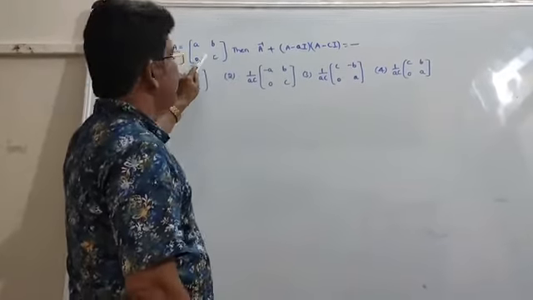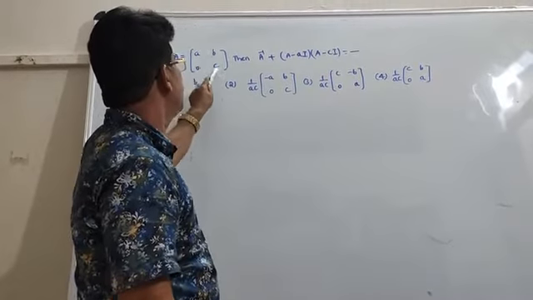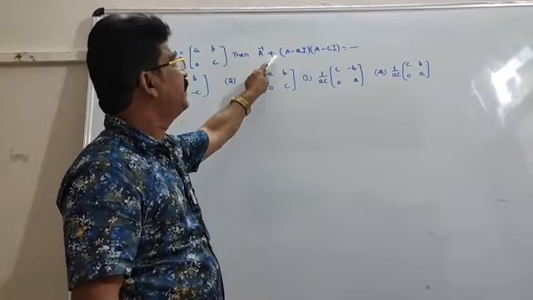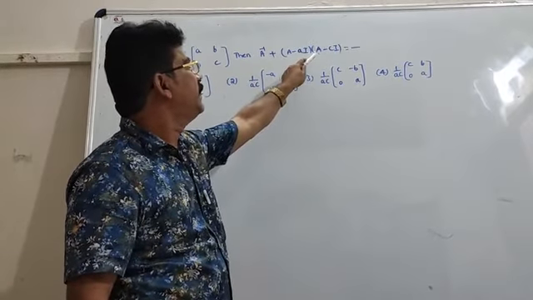If capital A equals the matrix [A, B; 0, C], then find A inverse plus (A minus AI) into (A minus AI).